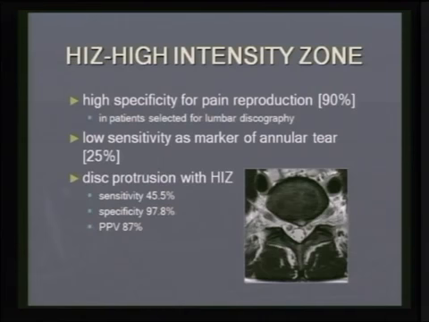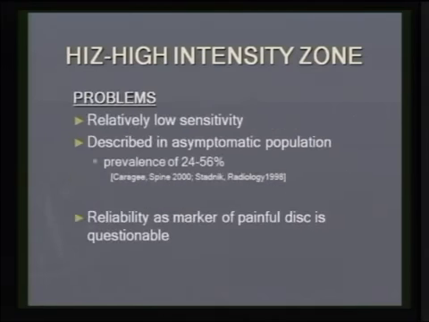So only about 25% of patients who have an annular tear at discography would manifest a high intensity zone at MRI. This improves somewhat when the disc high intensity zone is associated with a small disc protrusion. So when you have an abnormality of disc contour as well, as you can see in this case here, the sensitivity goes up to nearly 50% and the specificity is maintained in the high 90s.